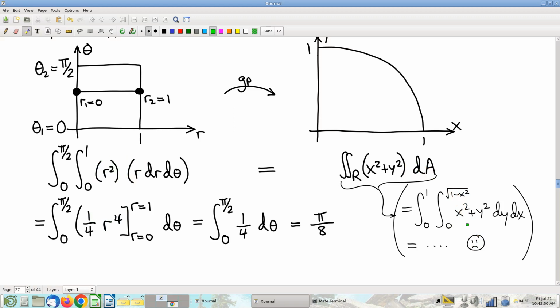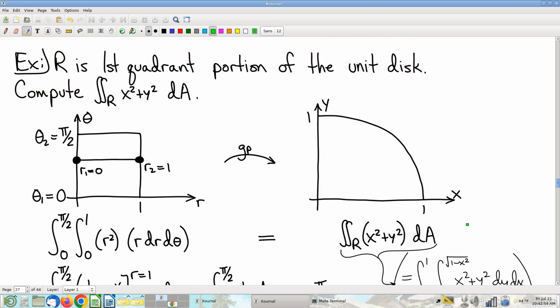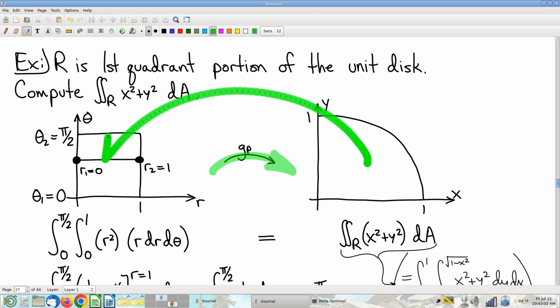Okay, before I do though, I want to take a different point of view on what we did here. The point of view that I had here was I explicitly drew the change of variables function. I explicitly depicted the pullback because that's how we've always thought of change of variables.